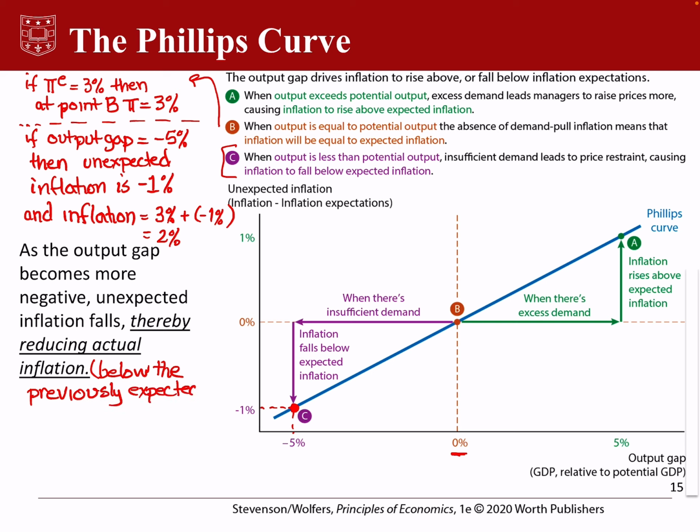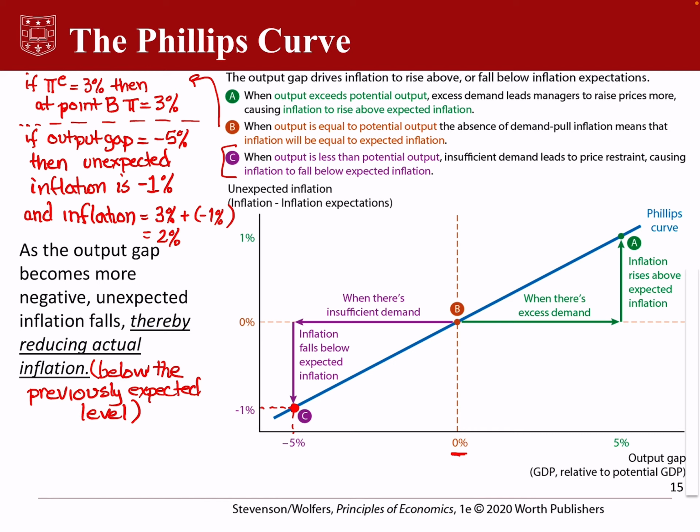Okay. So this is kind of confusing to think about. I think it took me a while to puzzle through this. And so again, what we're measuring on the horizontal axis, of course, is the output gap. On the vertical axis, we're measuring unexpected inflation.